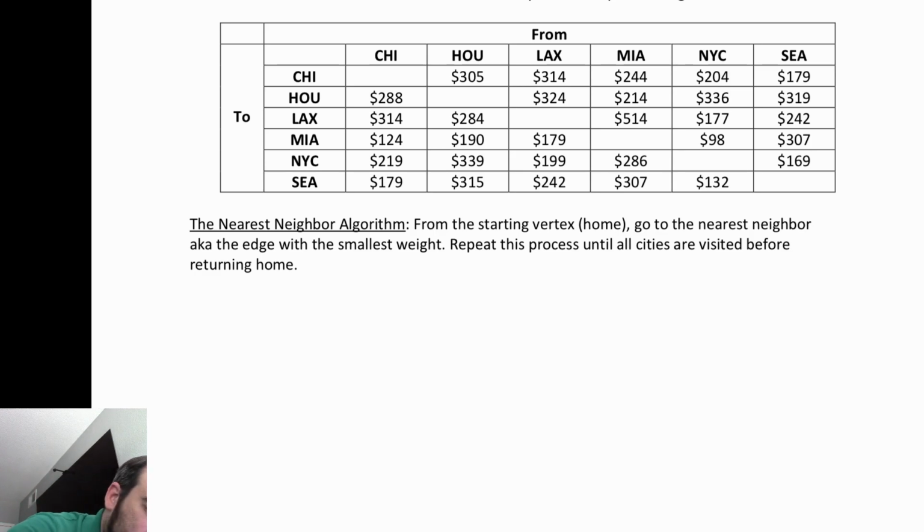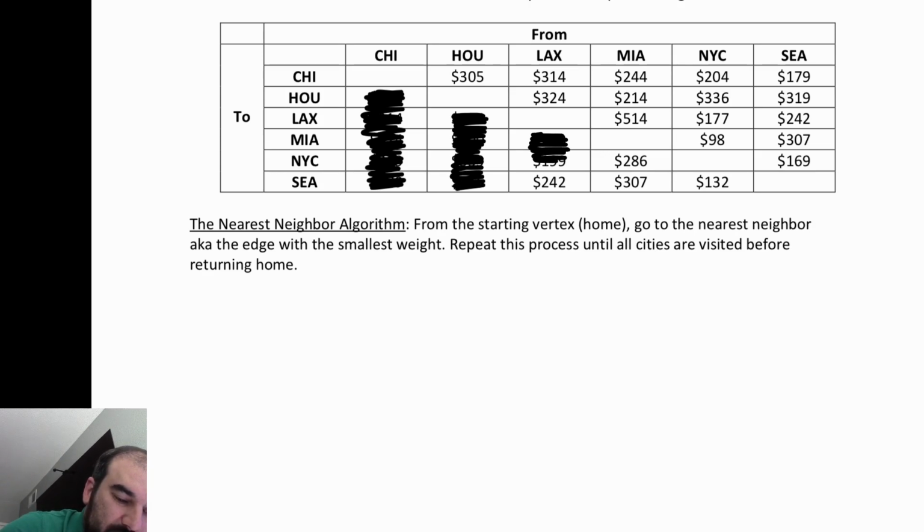So I'm going to get rid of a bunch of these costs. We don't need anything below this diagonal. So you can cross out these return flights, and we'll just assume that going to a place and coming back from that place are going to cost the same.